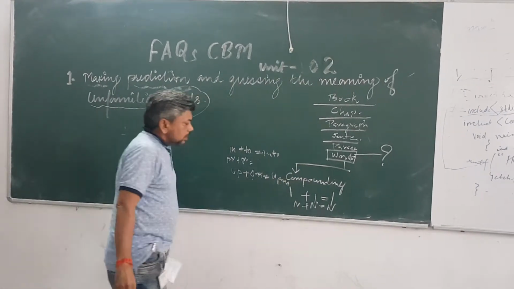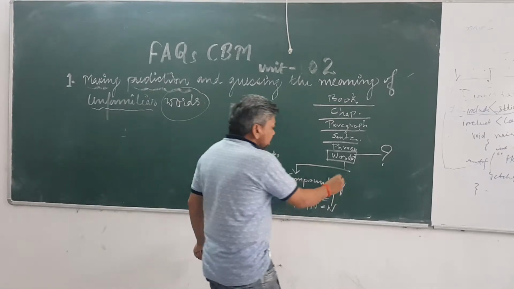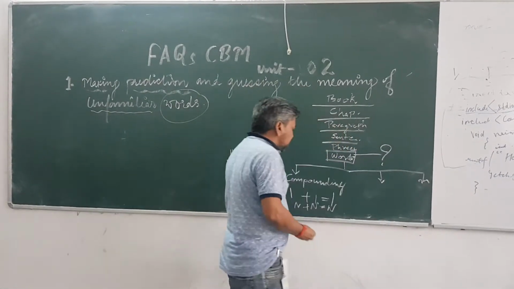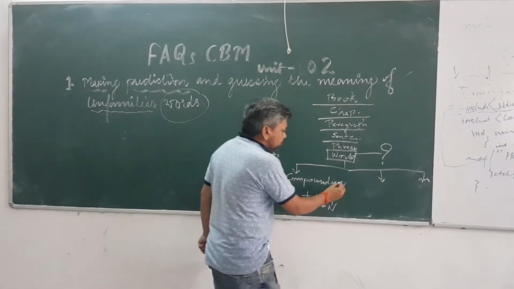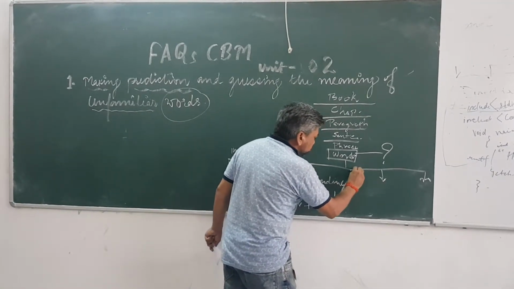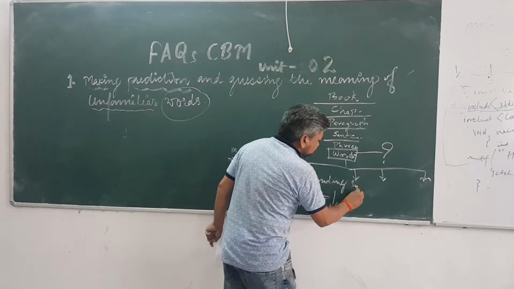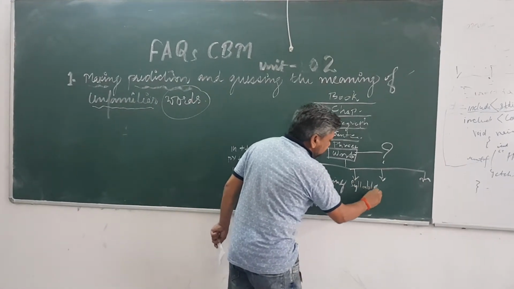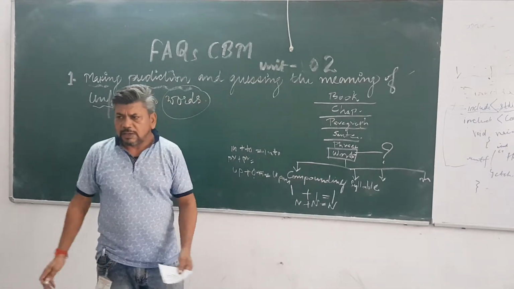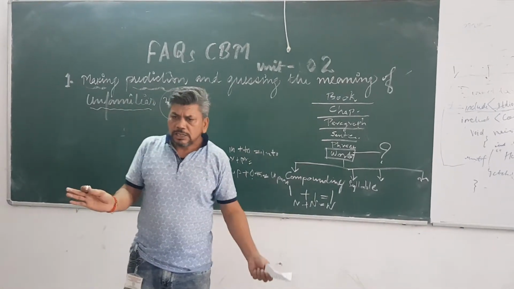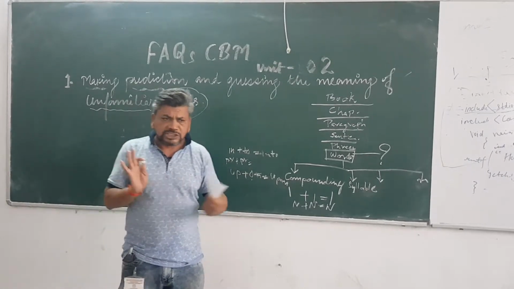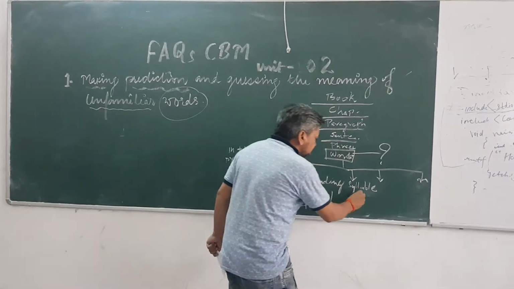After compounding, there are certain other methods for guessing the meaning of unfamiliar words. You can break words into syllables, try to see how many syllables a word has, and based on the etymological structure you can try to guess the meaning.